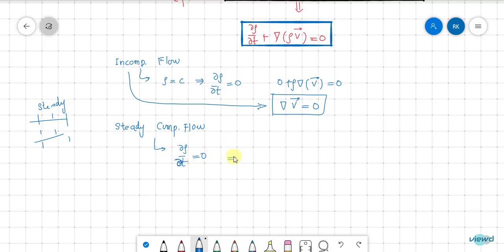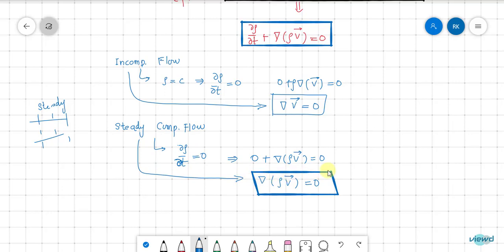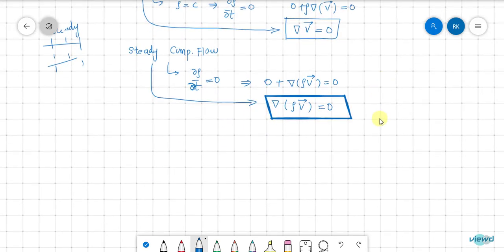From this we can write the continuity equation as ∂ρ/∂t is 0 plus del dot ρV is equal to 0. Density is not constant here. Density may vary with respect to space coordinates, but it does not vary with respect to time. This is the continuity equation for steady compressible flow.